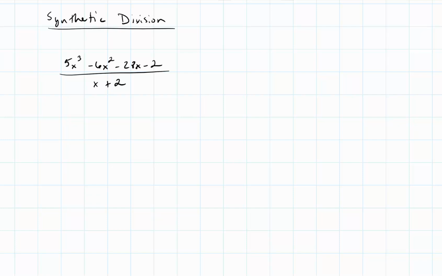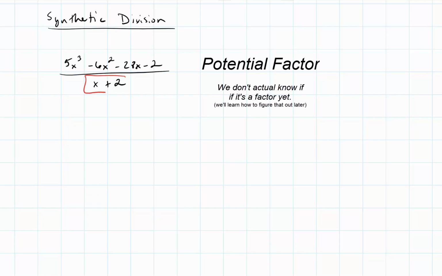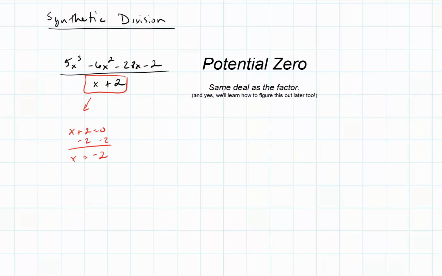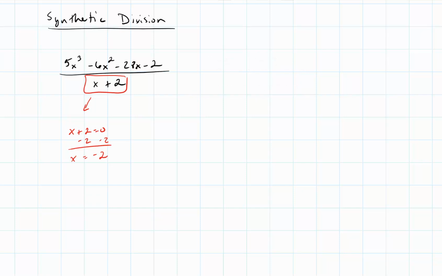Now, one of the things I want to point out is when we're dividing with synthetic division, we do not use the factor that we're dividing by. We use its zero. To do this, we need to ensure that we include all coefficients, whether they're written or not, of our polynomial. So I see I have the third degree, second degree, first degree, and if I wanted to write it in, even the 0 degree.